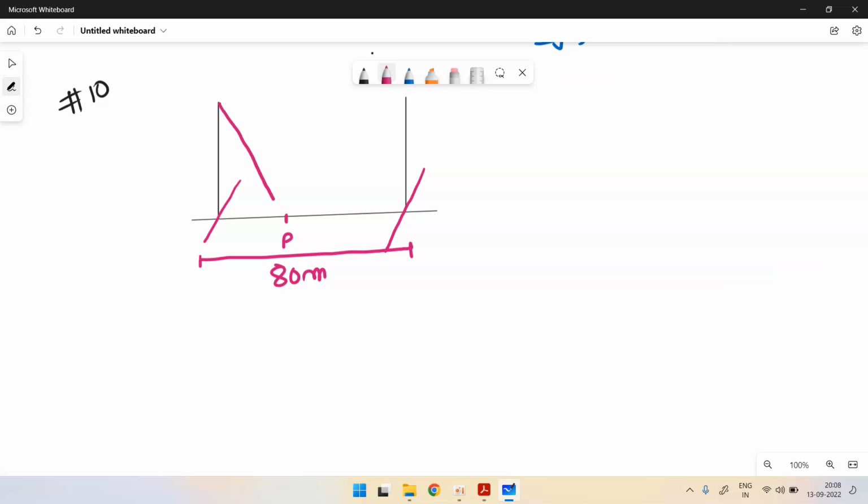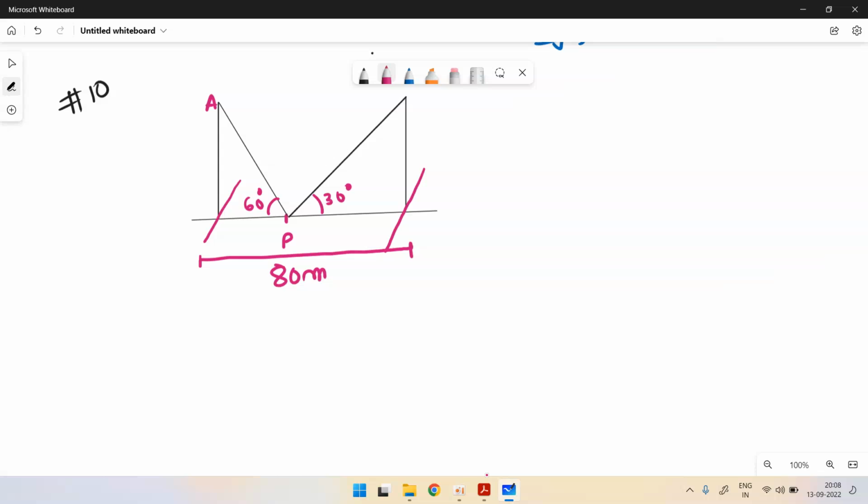So this is my angle 60 degrees, and this is my angle 30 degrees.